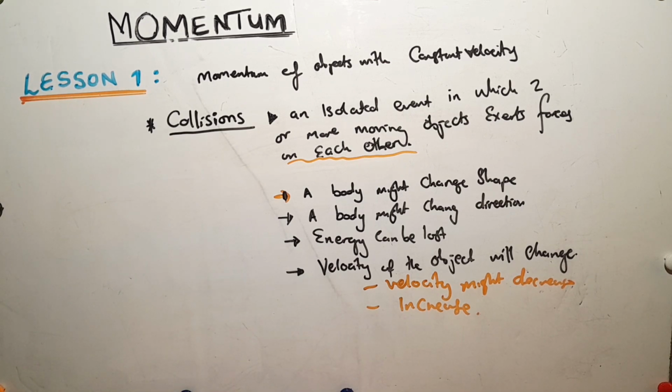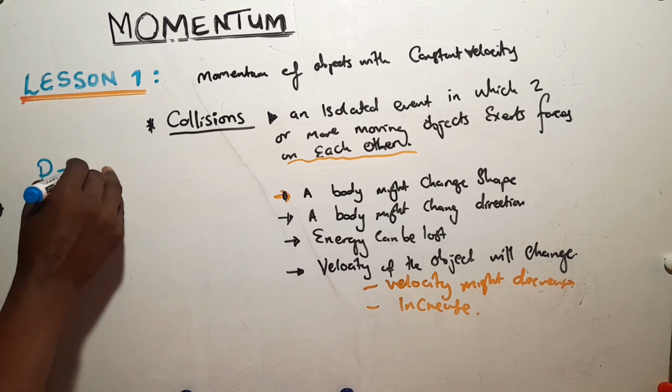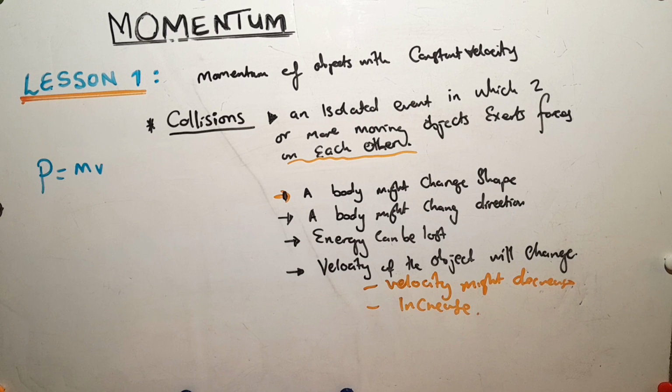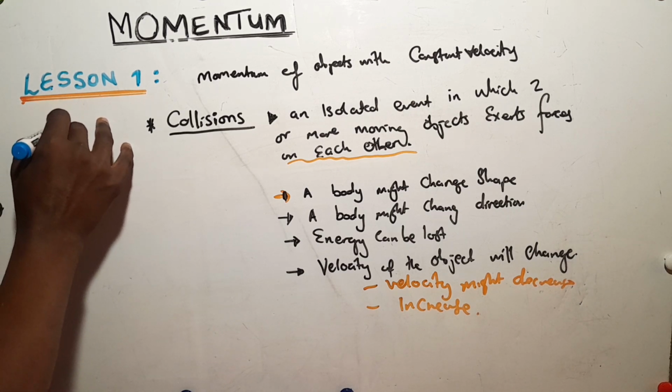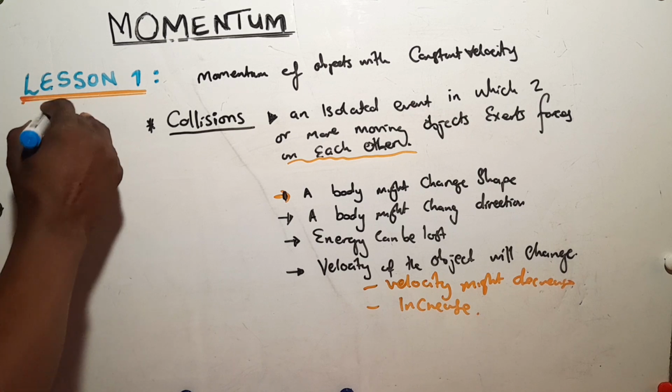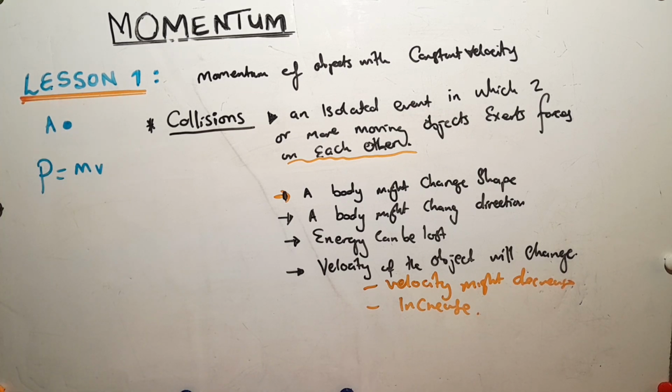What happens now? Obviously we said momentum is mass multiplied by velocity, right? So if we have an object A, and it collides with something and its velocity changes, it means that the momentum will also change.